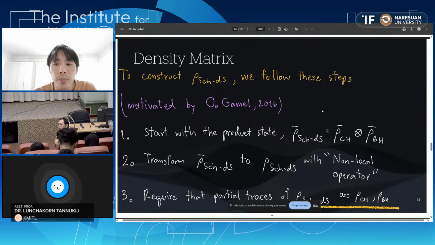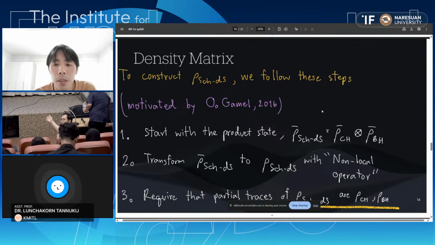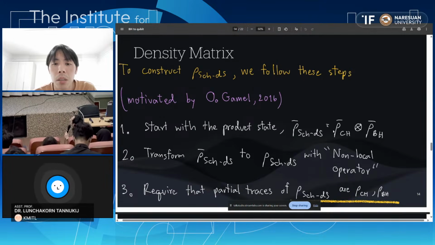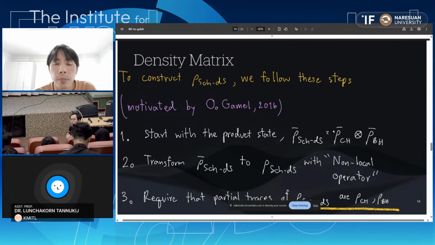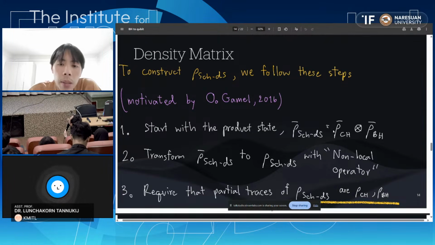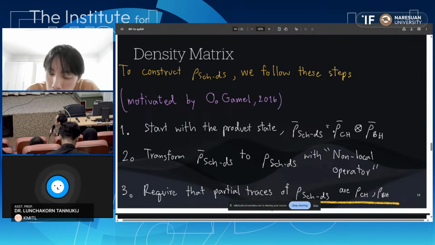It's possible that we have a non-local operator that is better than the one in this paper. Have you looked for other non-local operators? Is it possible? Not sure. I'm not sure.